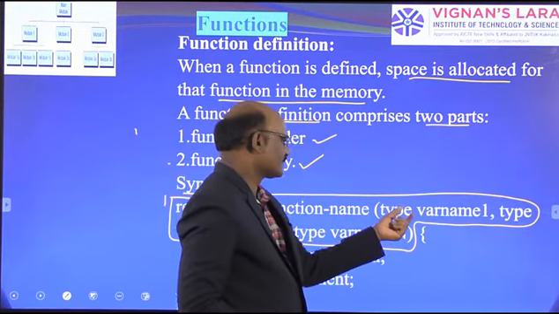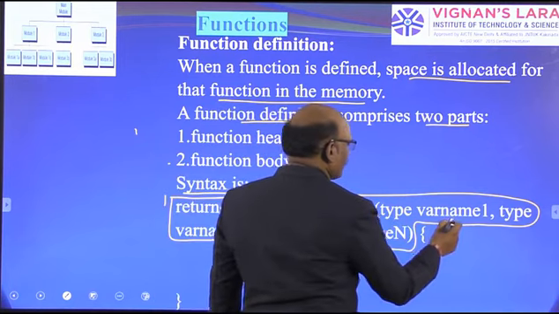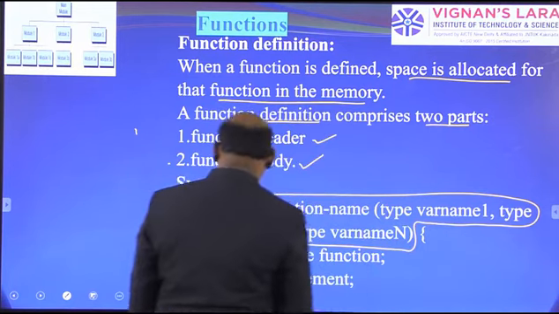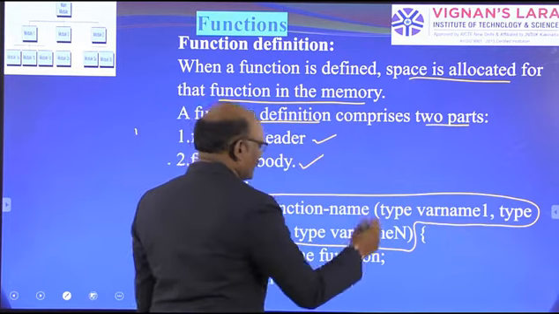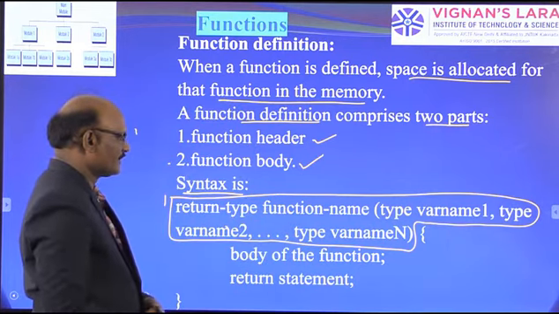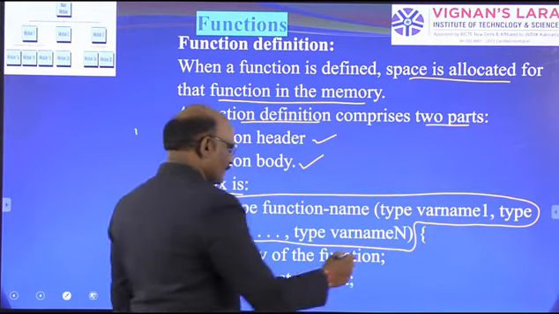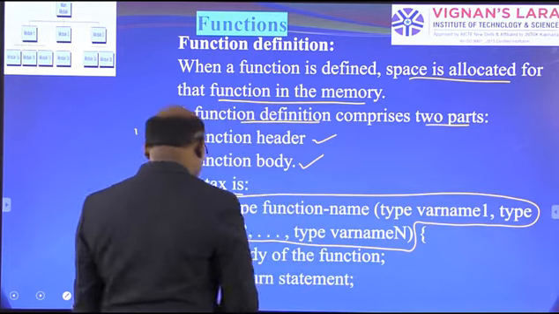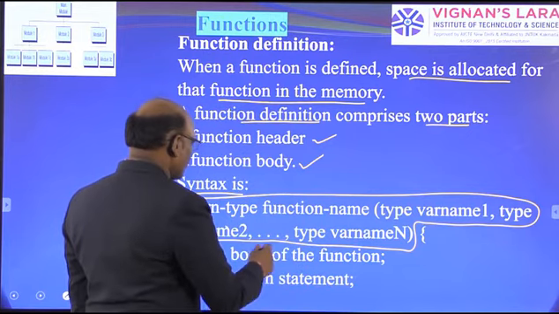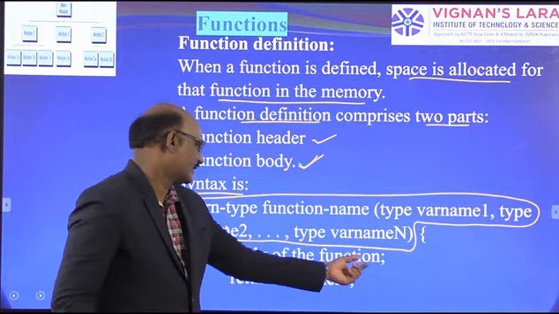Inside the parentheses we give the arguments: data type, variable name 1, data type, variable name 2, and so on. N number of arguments we can give. For each variable you need to give its data type. Then open brace, close brace. Between them you can write the body of the function.